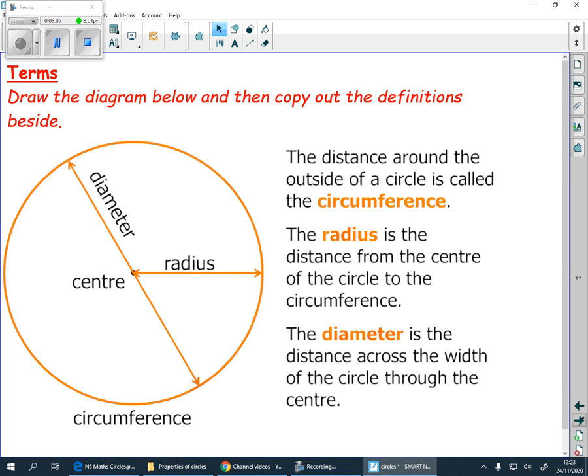I shall start with circumference. The distance around the outside of a circle is called the circumference. The radius is the distance from the centre of the circle to the circumference, and the diameter is the distance across the whole of the circle through the centre. That would make it 2 radii.